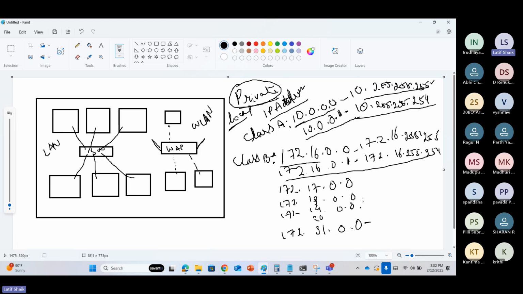All these networks are private IP networks only. If you use the 172.15.0.0 network, it is again a public IP.